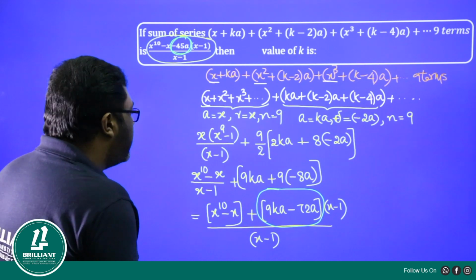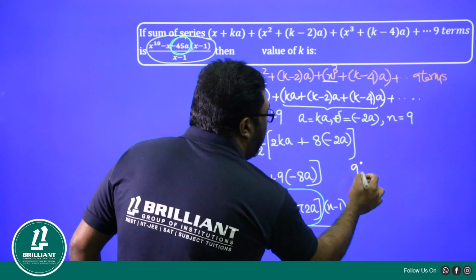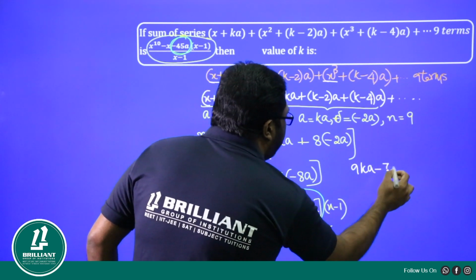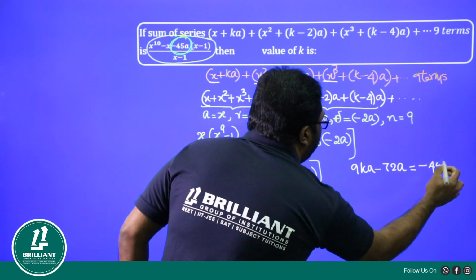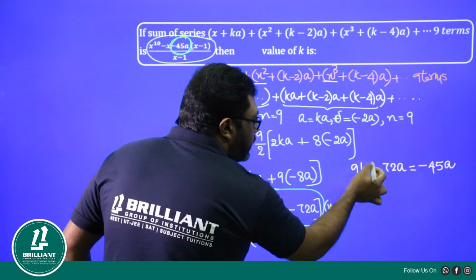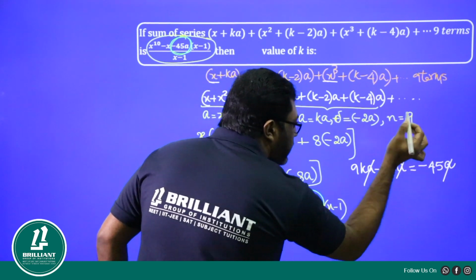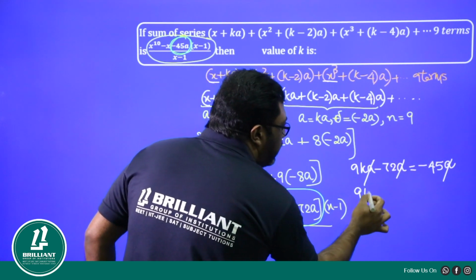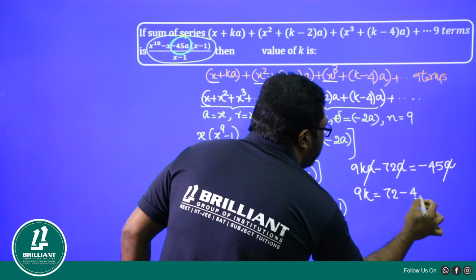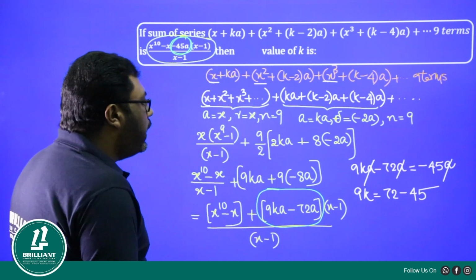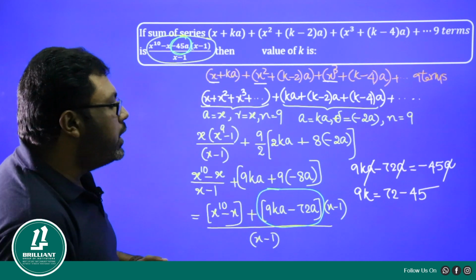So when I analyze the answer, 9ka minus 72a is equal to minus 45a. a is common throughout. Yes. So 9k is equal to 72 minus 45. 9k is equal to 72 minus 45.